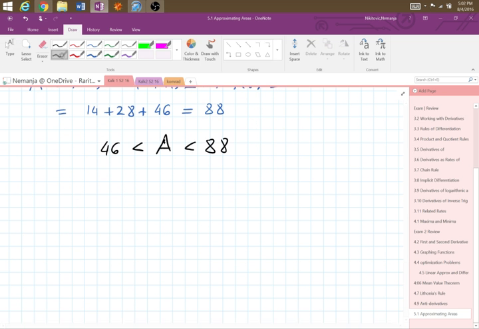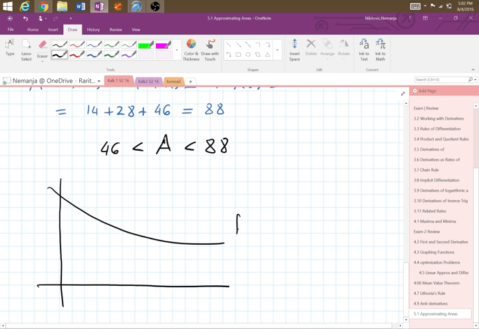So let's take a look at, so here is a function, again, of some kind. We really don't care what it is right now because it can be any function. And I'm going to pick this region here.